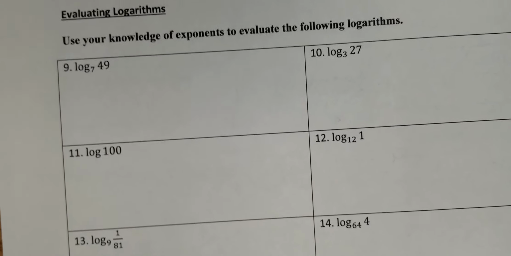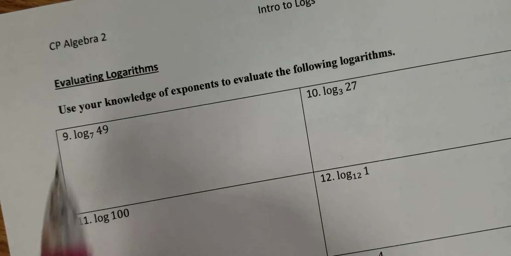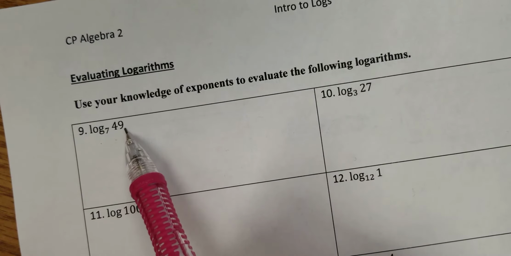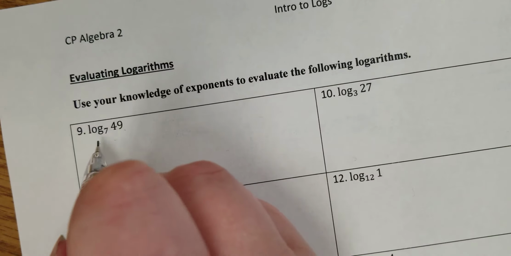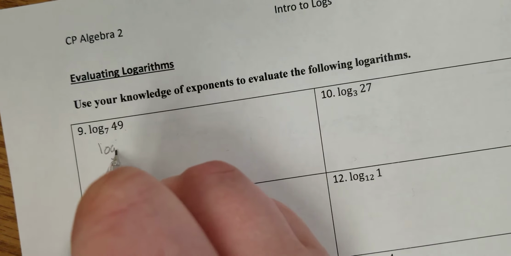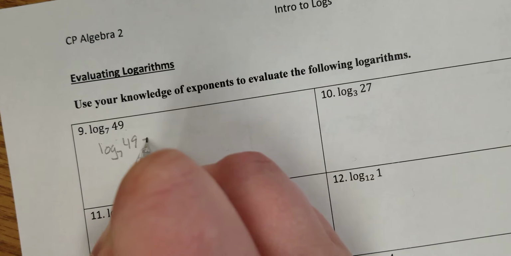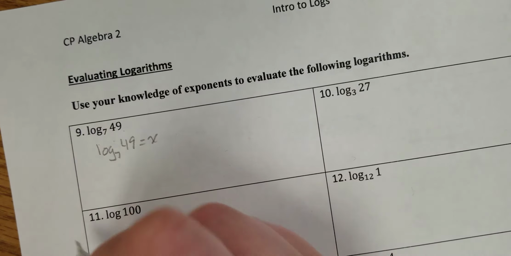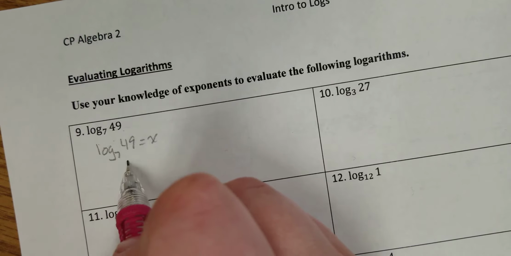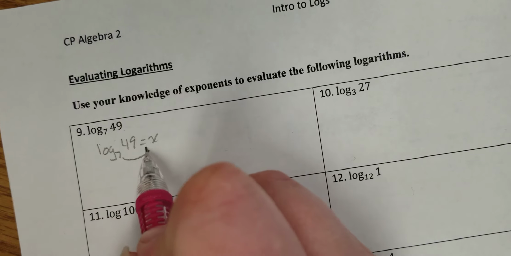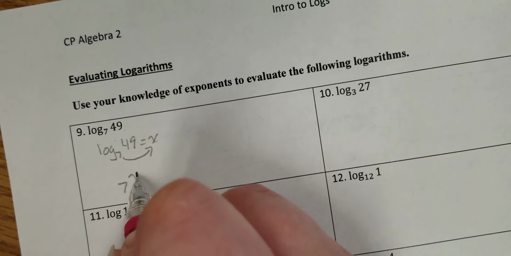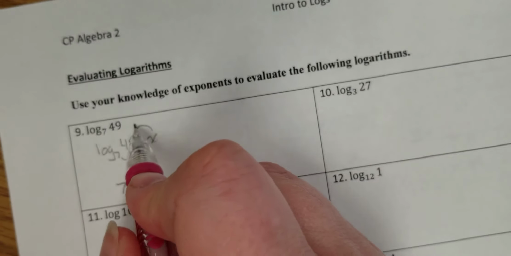So to evaluate logarithms, if you have log base 7 of 49, your first step is to rewrite it, but set it equal to x. And then you change it from log form to exponential form. So you do 7 to the x power equals 49.